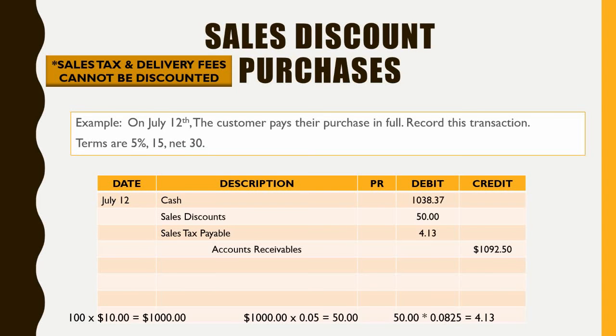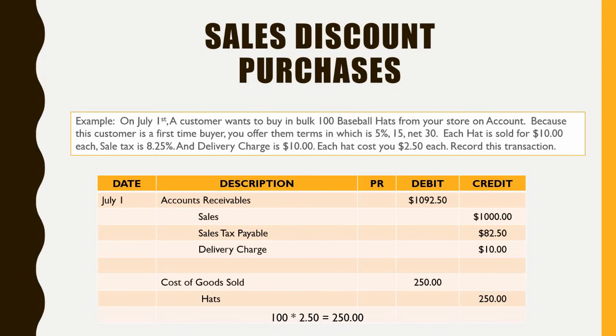So first things first is how much did they actually owe me to begin with? What did I originally record that they owed me? In this case, they originally owed me $1,092.50. Then I need to realize how much I actually sold to this customer.